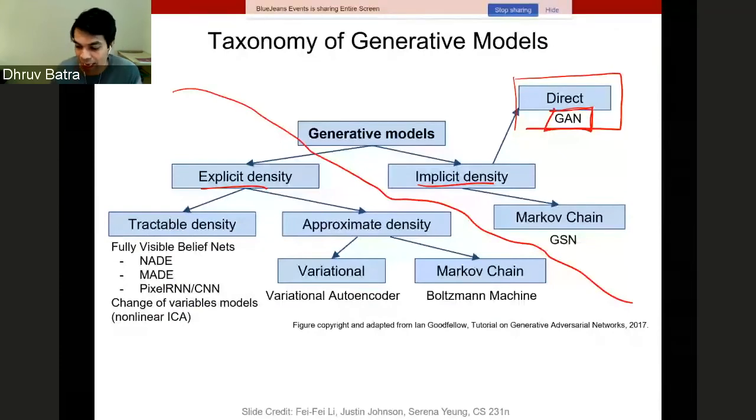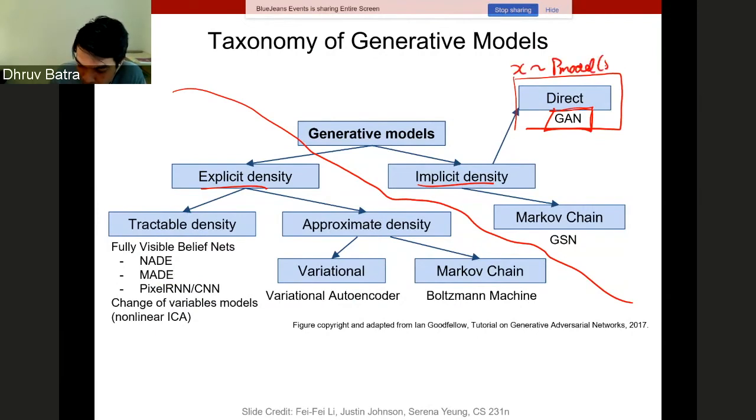They do not have a probabilistic interpretation. You cannot give GANs an image and ask for the probability assigned to that image. That cannot be done. But GANs can give you X, which is sampled from some implicit P model, and they can generate new samples for you. They just have this process as a black box. And this is because they're implicit density models.